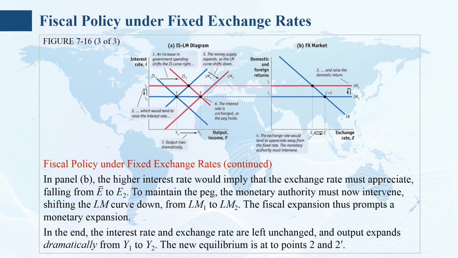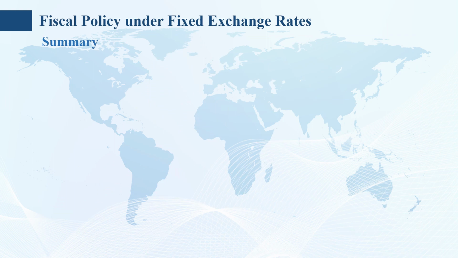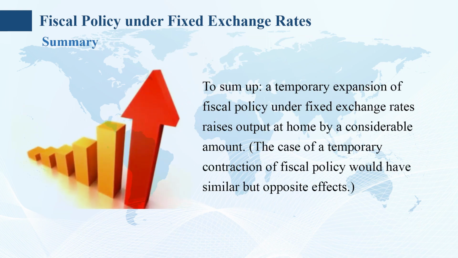The new equilibrium is at points 2 and 2. To sum up, a temporary expansion of fiscal policy under fixed exchange rates raises output at home by a considerable amount. The case of a temporary contraction of fiscal policy would have similar but opposite effects.